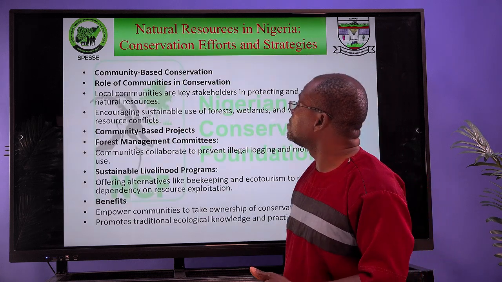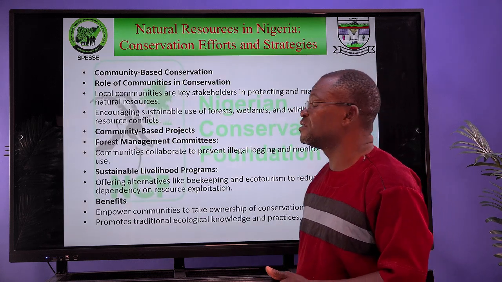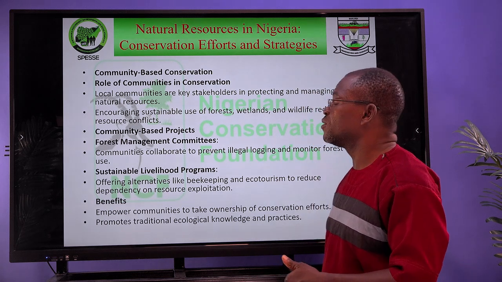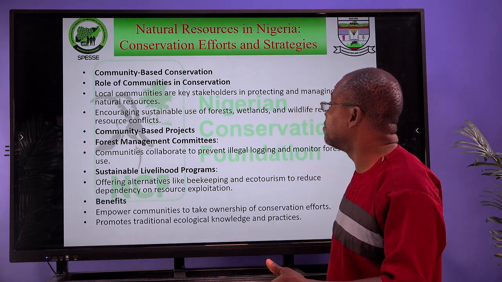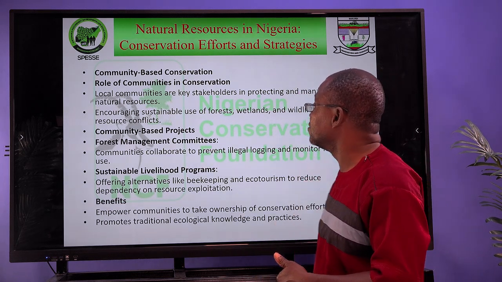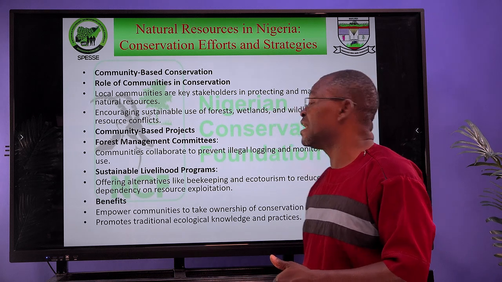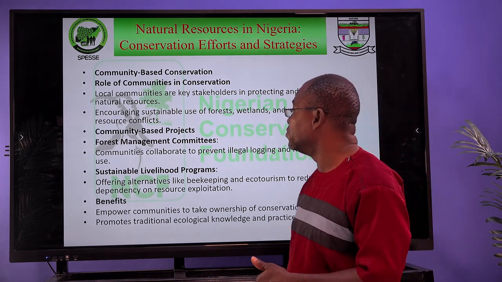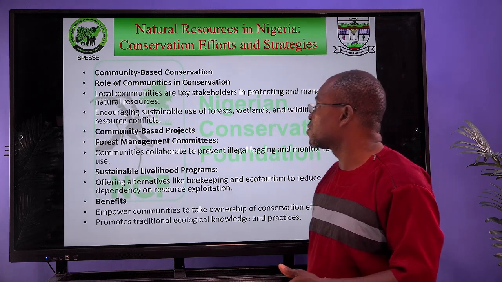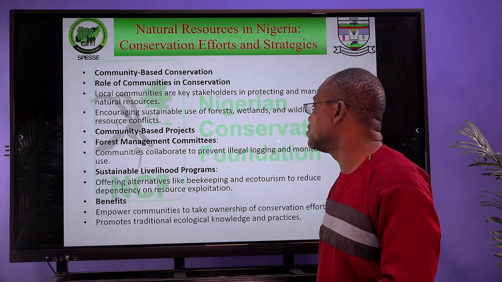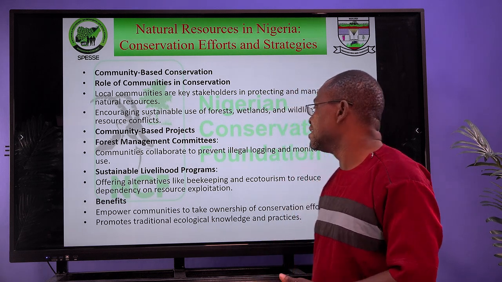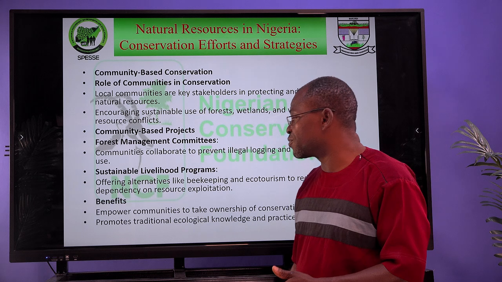There are also community-based conservation efforts. This has to do with the role of the locals, or members of communities in rural areas, aimed at conserving their own natural resources. There are also community-based projects, including forest management committees and sustainable livelihood programs.